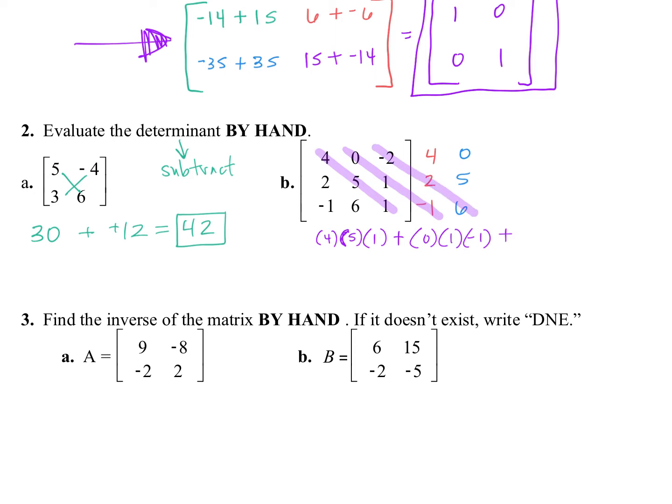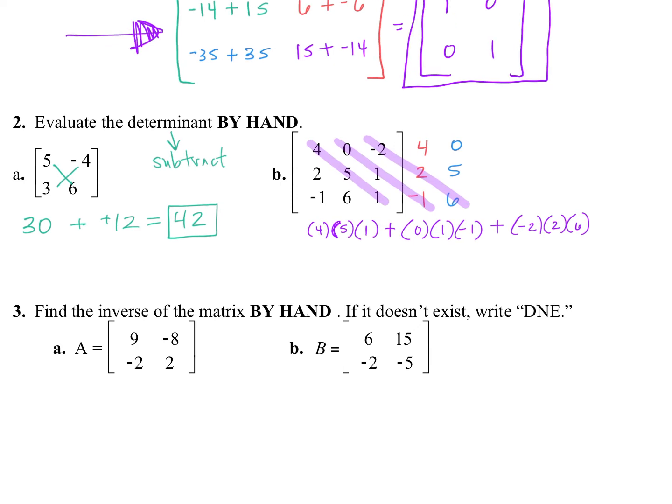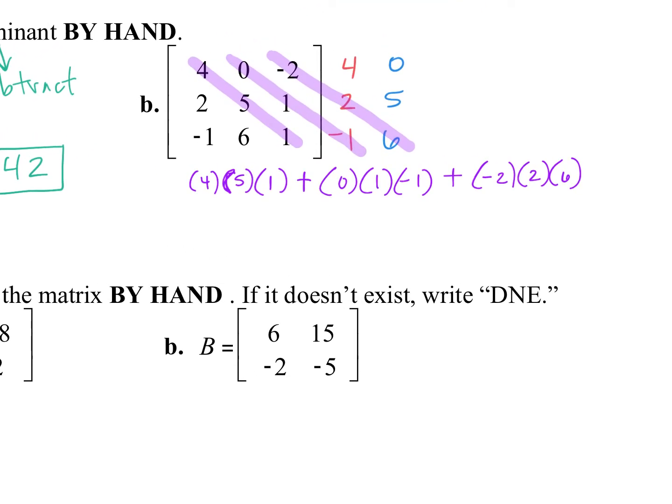Now this diagonal, so this one's going to be -2 times 2 times 6. Okay. So if we simplify that, we get, see how my mental math is here. 4 times 5 times 1, so 20. 0 times 1 times -1 is 0.